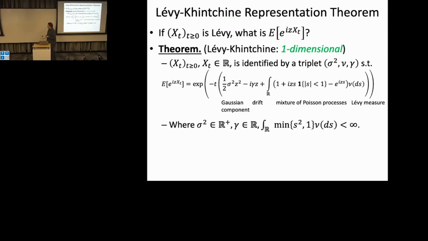You can have Poisson processes where S, what you're integrating over, is controlling the jump size. So you can have processes that wait a certain amount of time memorylessly and then jump by S or jump by minus S. You can have positive jumps, negative jumps, and this is just saying you can have some arbitrary linear mixture of these Poisson processes going on simultaneously.